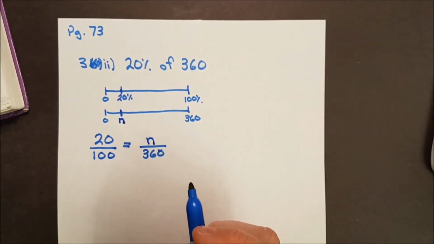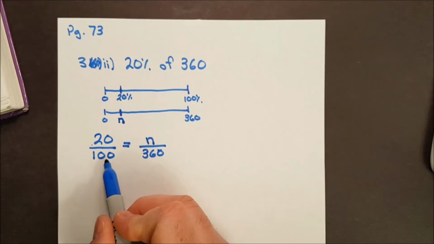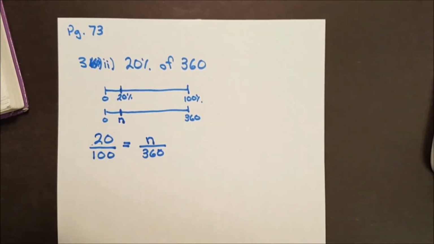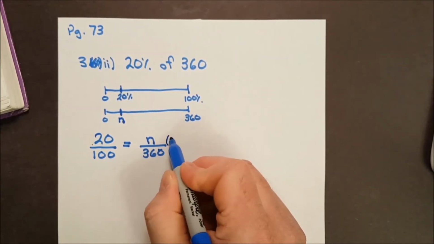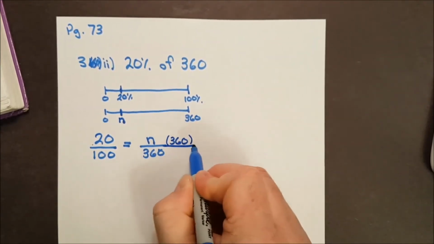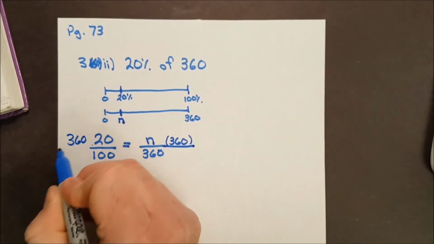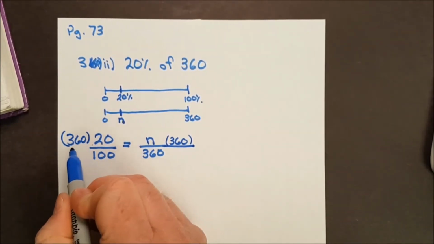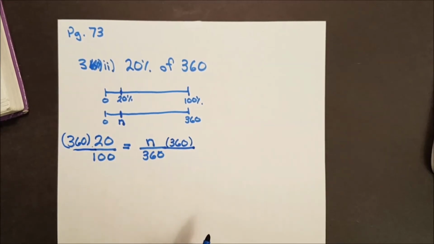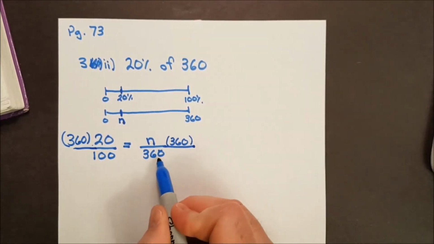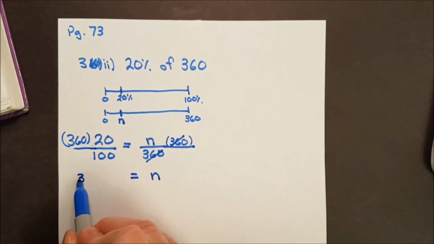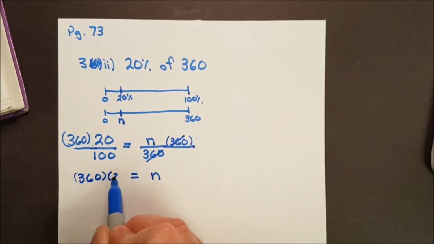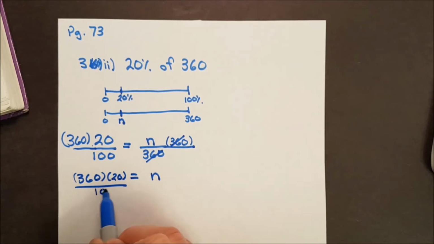Using the balance model, what we're going to do is once again isolate n. To isolate n, we need to multiply both sides by 360. 360 divided by 360 is 1. Now 360 times 20 divided by 100.